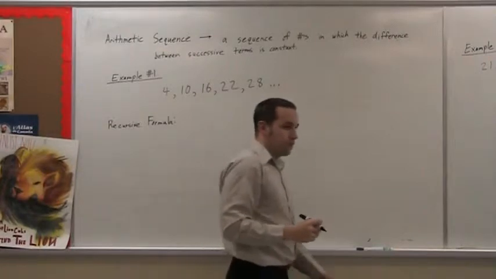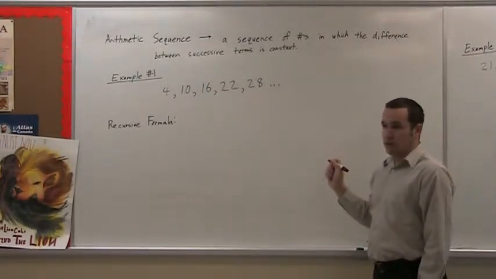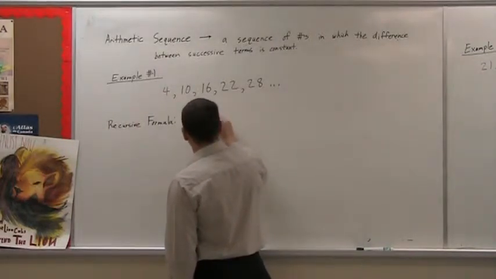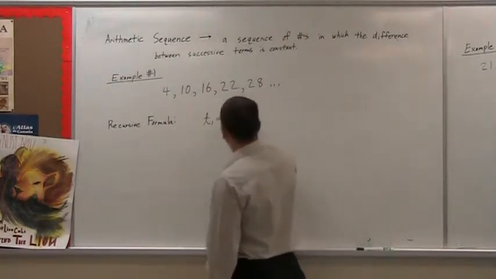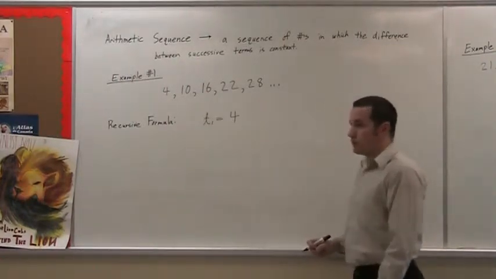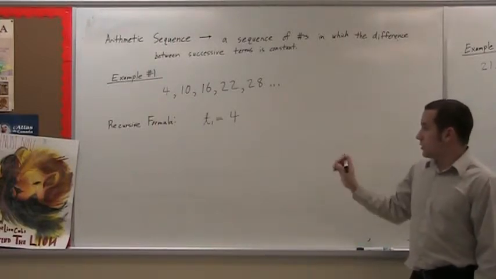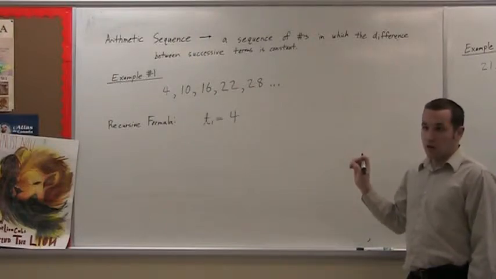So for the recursive formula, we have to tell the person what our first term is. Okay, so first term, T1, is equal to 4. Okay, so T1 equals 4. Now, after this, we have to tell the person that's going to try to figure out what our sequence is, how to get each term after that.